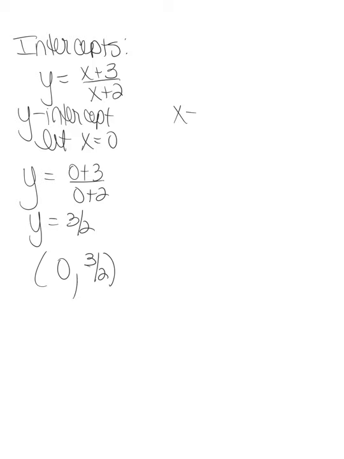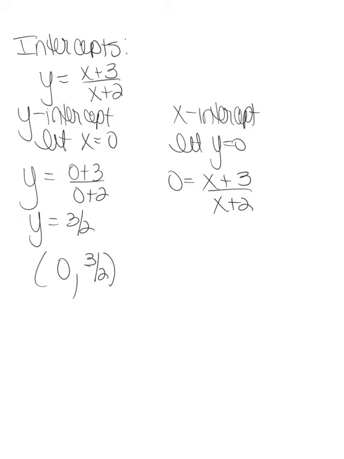Next, we need the x-intercept. And to get this one, we let y be equal to 0. So we get 0 is equal to x plus 3 divided by x plus 2. Once again, anytime I have an equation that is a rational function, that is a fractional type function, and I want to solve it, the first thing I want to try to do is get rid of the fraction.